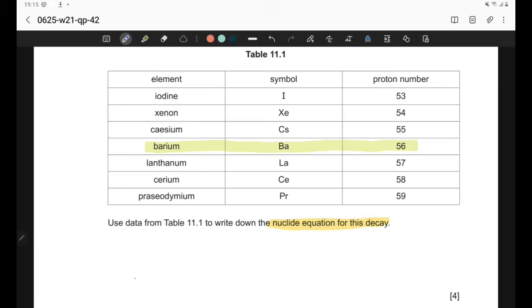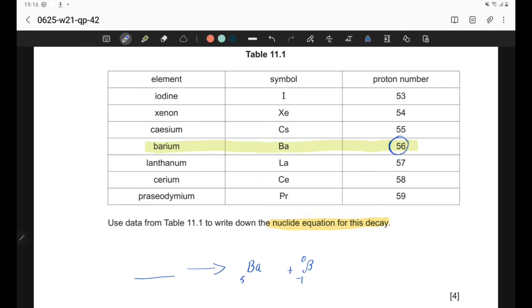So here we have an element. We have no idea about the element, but after the beta decay, so there is a beta decay. Beta means always -1, 0. This one you have to memorize. It produces barium also. We know that the proton number of barium is given in the table.